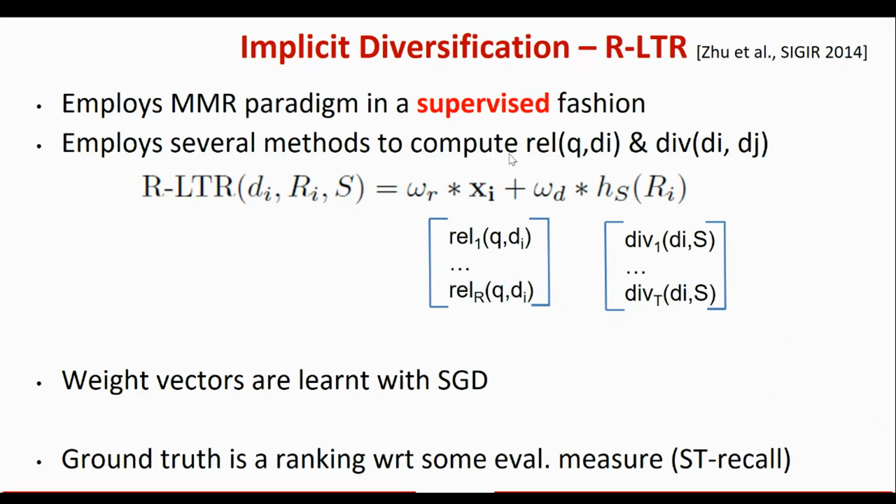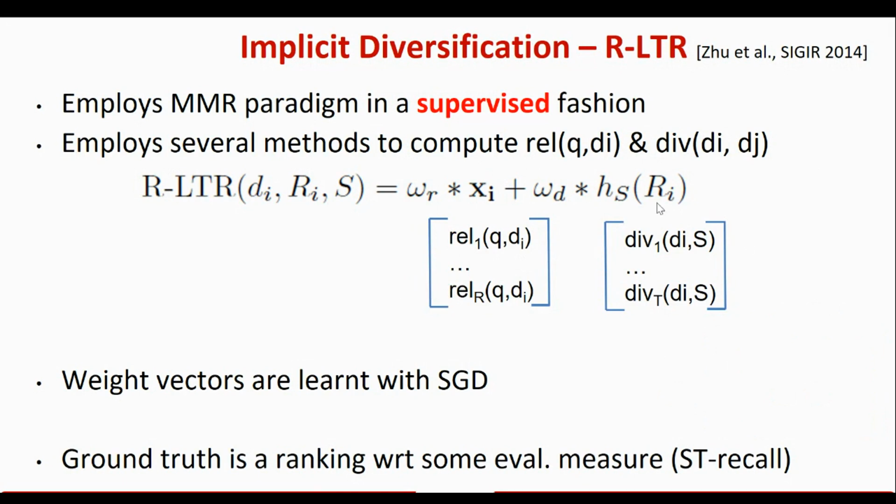That's the overall formulation. Here, Xi represents the relevance vector, so relevance of query with respect to the scored document. Maybe this one computed using TF-IDF, this one computed using BM25.